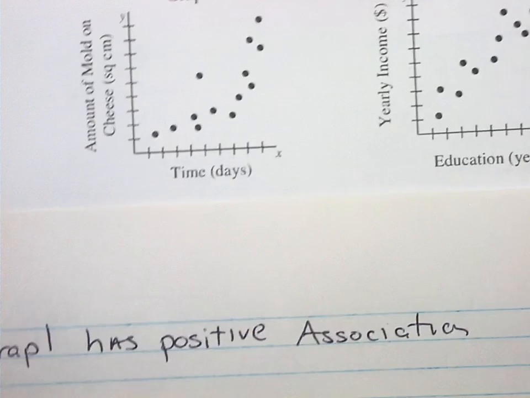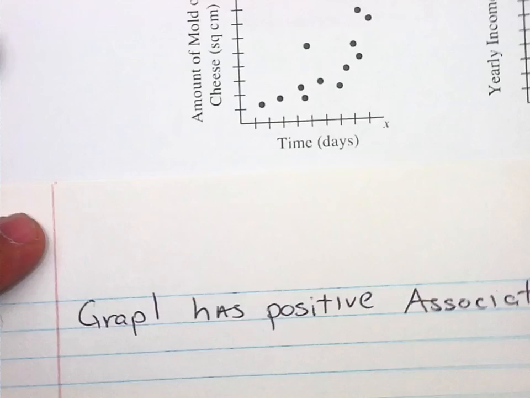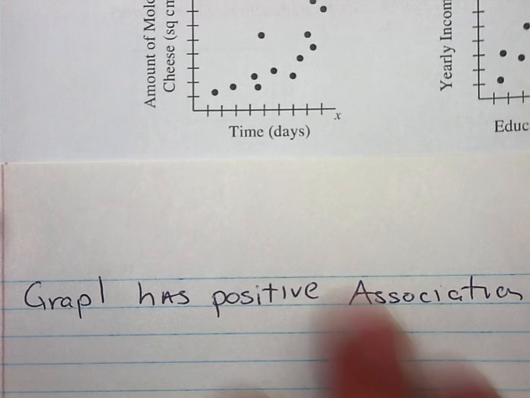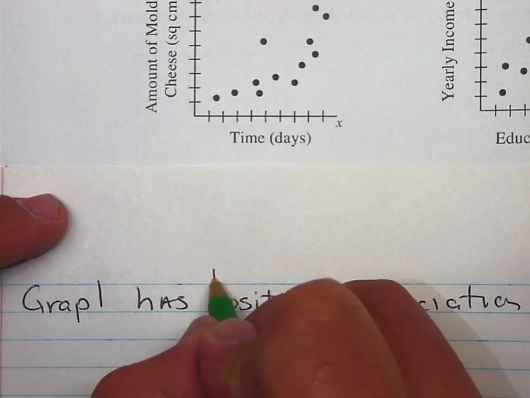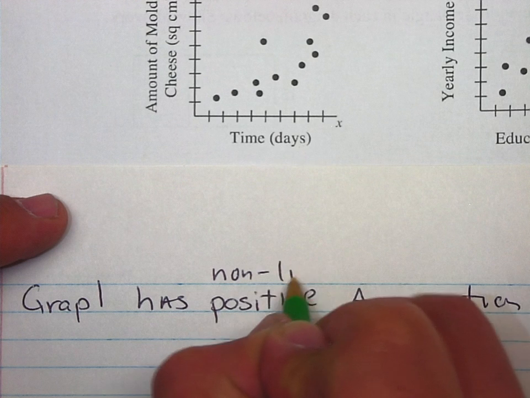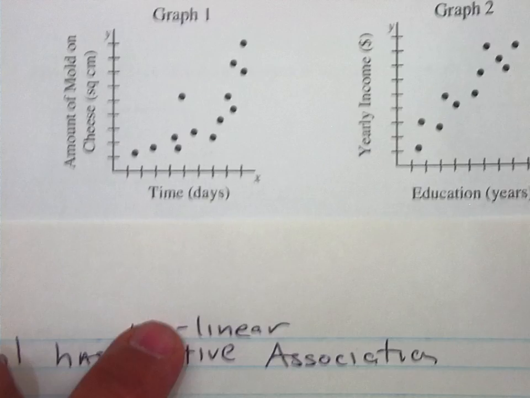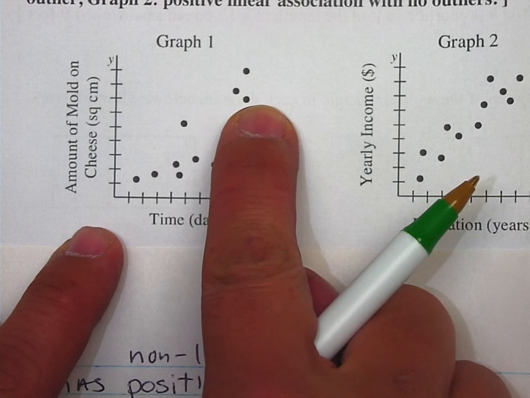But also, if you notice, it's not quite a straight line. So basically it's called nonlinear. Graph 1 has a positive nonlinear association. I forgot to mention that. It's a positive nonlinear because it's not quite a straight line, scatter plot, right?